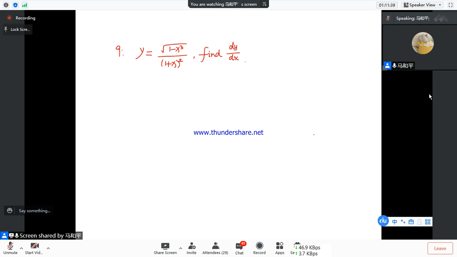Okay, number 9. Taking logarithm, ln y is equal to 1 over 2 ln (1 minus x cubed).